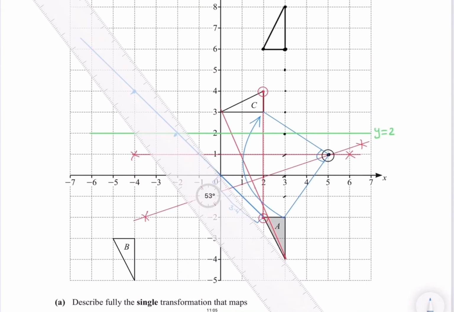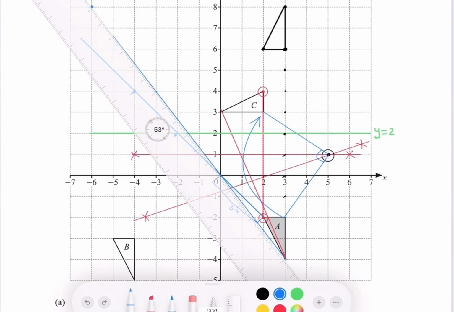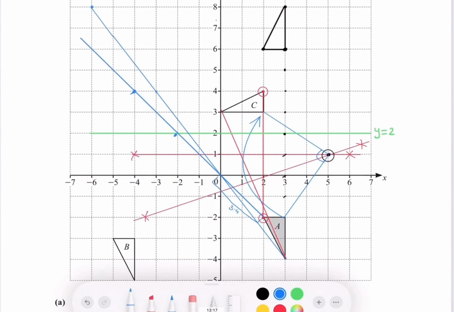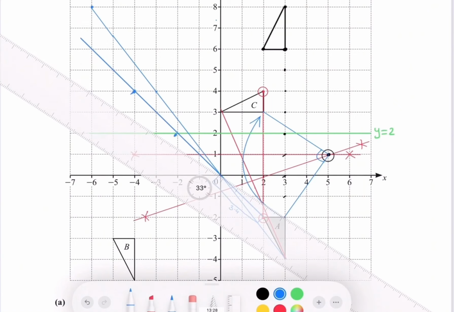Do the same thing with the other point. Draw the line, measure it, and move 2 times from the center of enlargement. So here you got the second point, and do this with the third point.